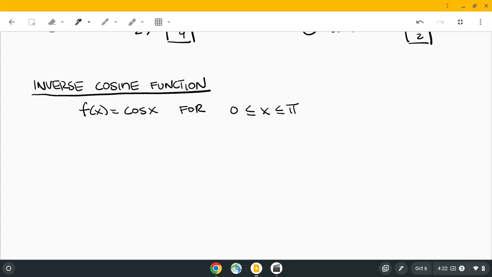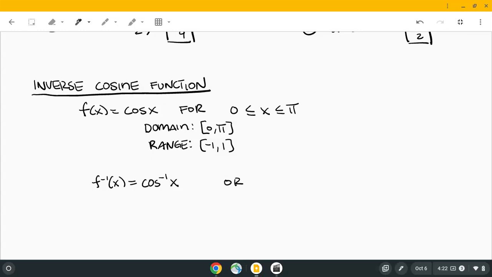Okay, so that means that for our original function, f of x, the domain is 0 to pi, and the range is still: the smallest number is -1, the largest number is +1. So when we look at the inverse function, and again, we have two notations.